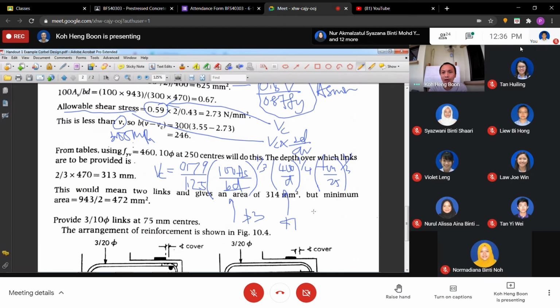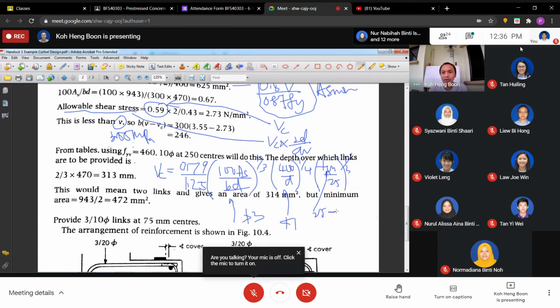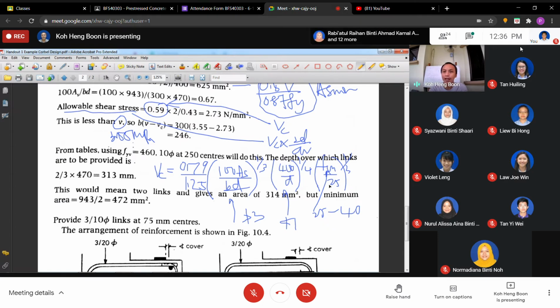FCU is between 25 to 40; greater than 40, use 40, less than 25, use 25.